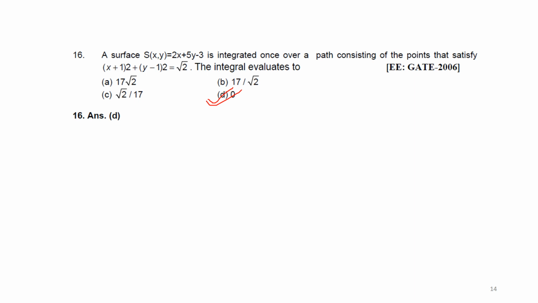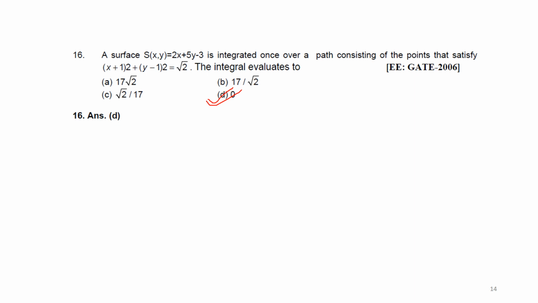It's 0. I think in the previous video I have told you, if an option is given as 0, you please choose that, even if you take a small risk. Because there is a risk of only 1%, but there is a 99% chance of being correct.